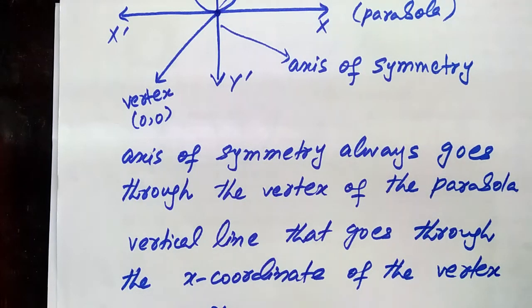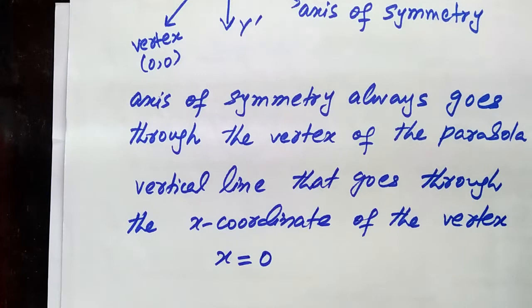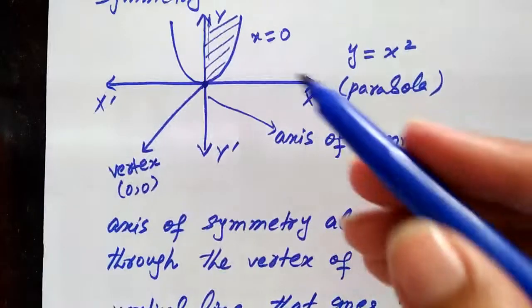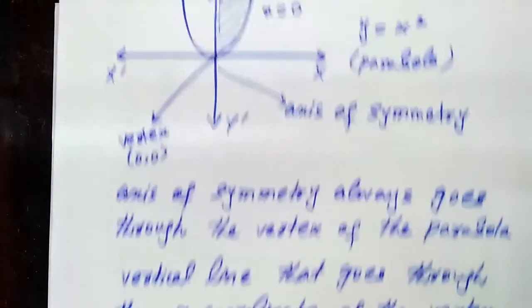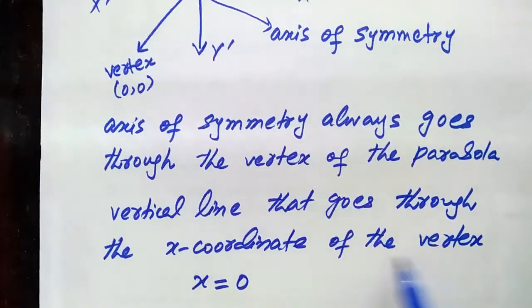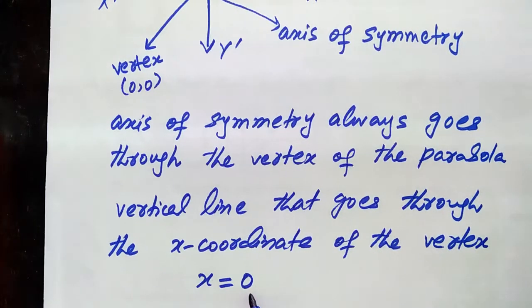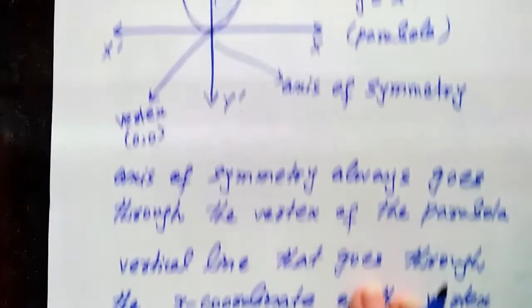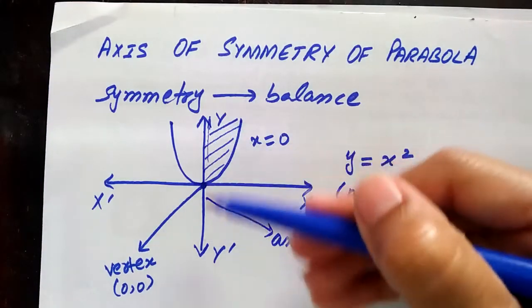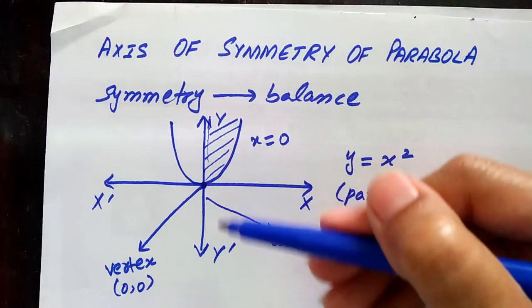That is x equals 0 here. The vertical line that goes through the x coordinate of the vertex, that is x equals 0 here, that line is called the axis of symmetry of the parabola.